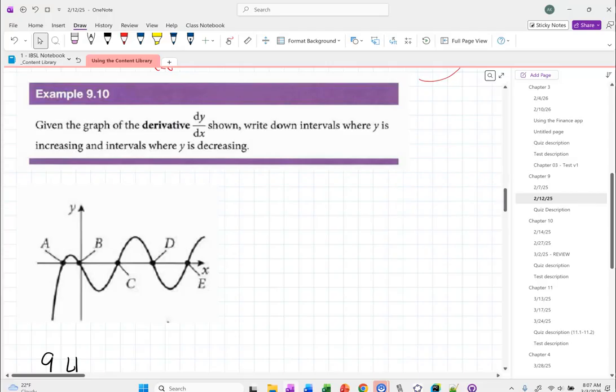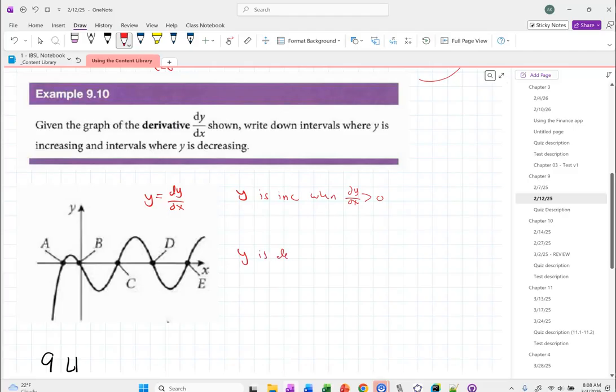Given the graph of dy/dx shown below, write down the intervals where y is increasing and the intervals where y is decreasing. So remember, y is increasing when the derivative is greater than 0, and y is decreasing when the derivative is less than 0.